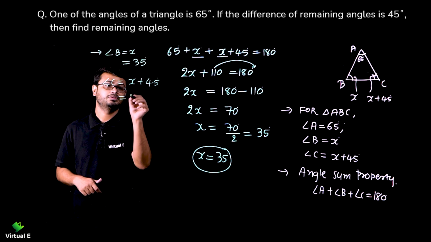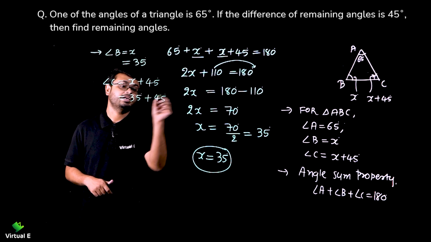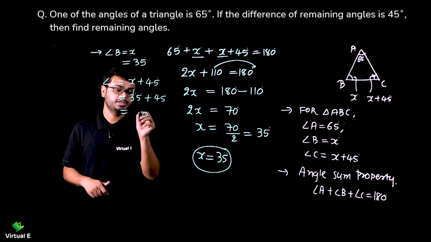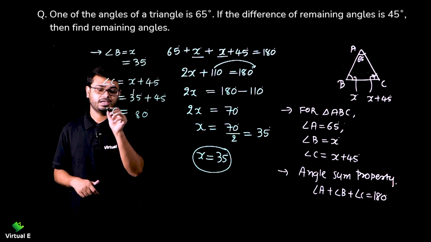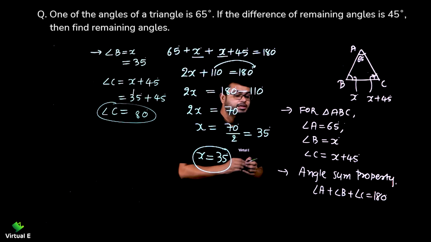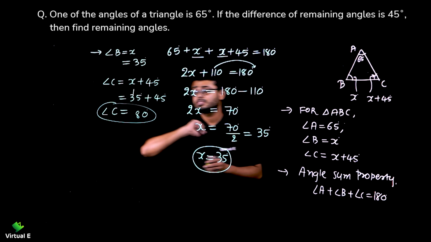So 35 degree plus 45 degree is 80 degree. Angle C is equal to 80 degree. So what are the remaining angles? This is 35 degree and another is 80 degree.